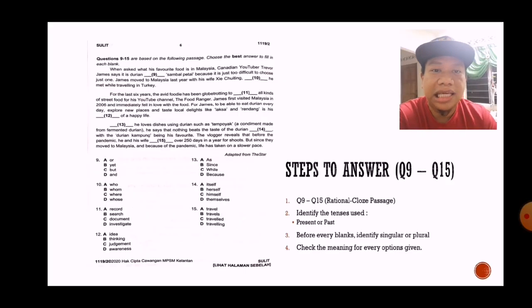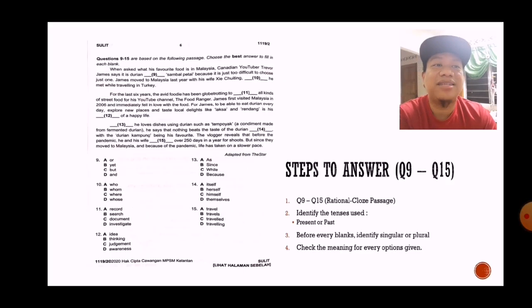Record means kita catat, kita recordkan. Next, B means search. Search means to find, mencari, cari. C, document. Document means kita masih merekodkan, tapi rekod dalam bentuk bertulis. That is what we call document.